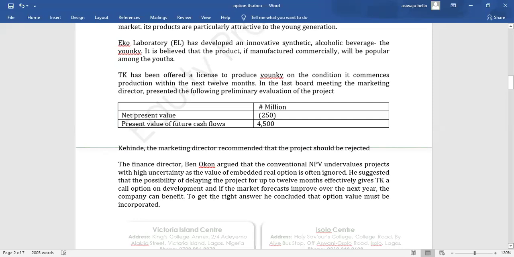He suggested that the possibility of delaying the project for up to 12 months effectively gives TK a call option on development. And if the market forecast improves over the next year, the company can benefit. To get the right answer, he concluded that option value should be incorporated.